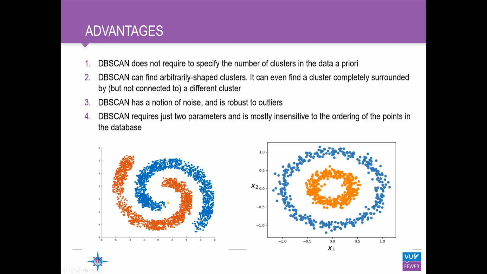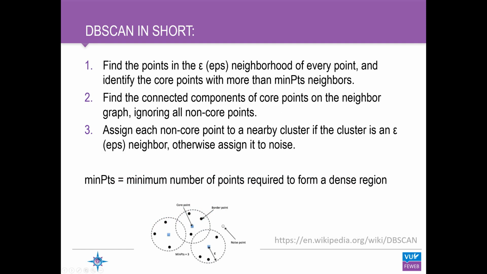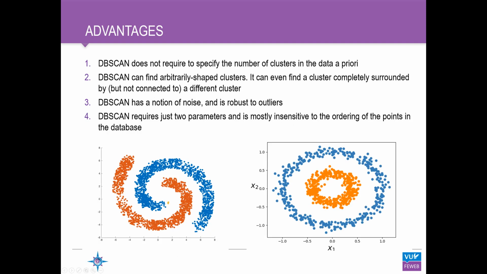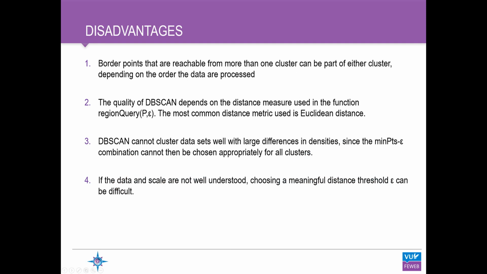You don't have to specify how many clusters there are beforehand. It can find many differently shaped clusters. It has a notion of noise, so it is robust to outliers, because you see that here, for instance, there's a dot that does not belong to any cluster based on minPts and epsilon, and hence it's indicated as noise. It only requires two parameters.